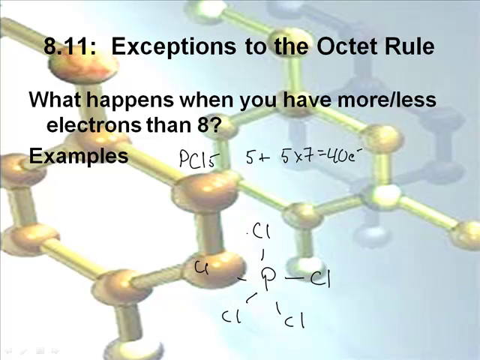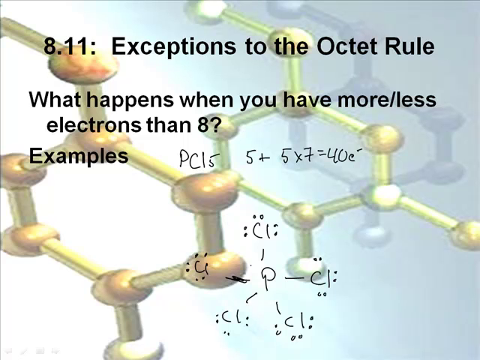So we spent 10, 12, 14, 16, 18, 20, 22, 24, 26, 28, 30, 32, 34, 36, 38, 40. All the chlorines look happy. They all have 8. And everyone's happy except for the P, and there's no way to make it work. So he's considered an exception to the octet rule.